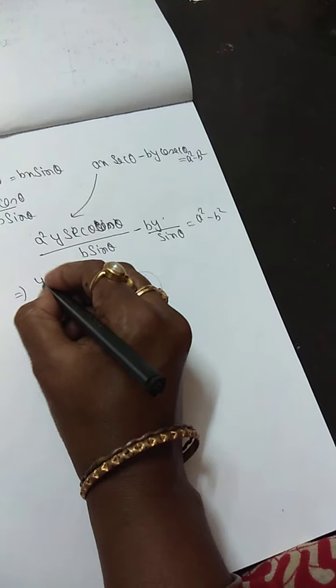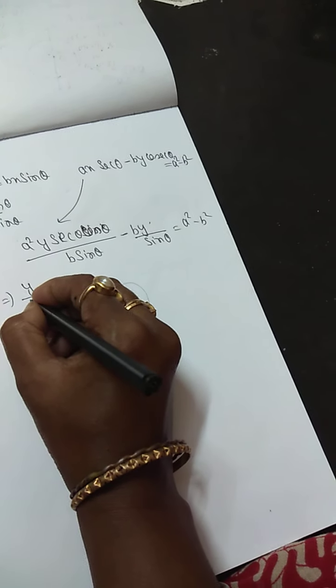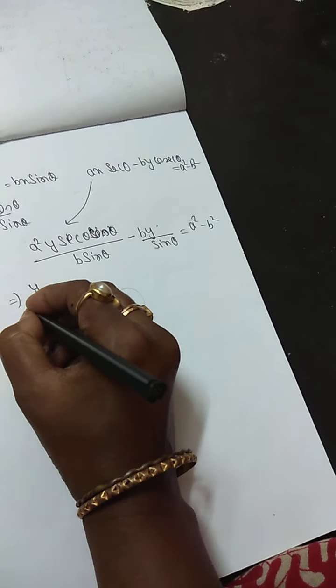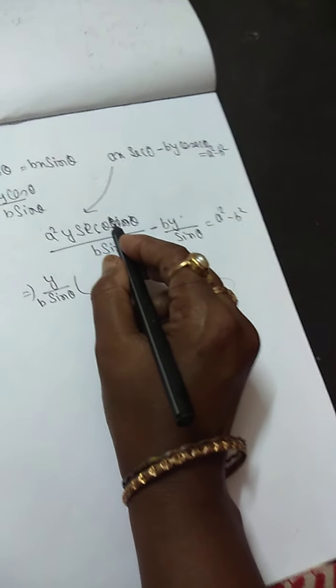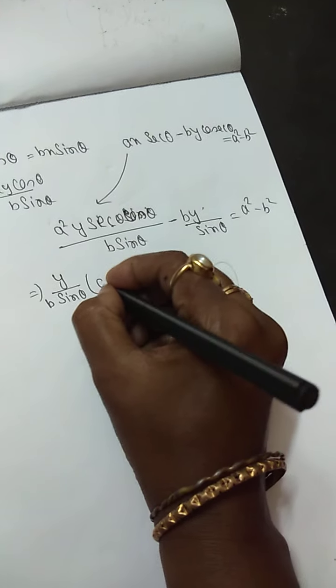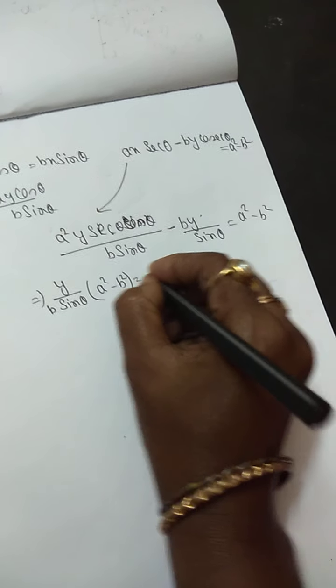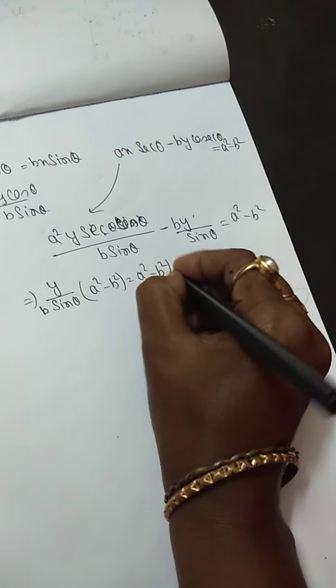So from here if we take common y by sin theta, b sin theta, and sec theta into cos theta is nothing but 1. So we will get a square minus b square is equal to a square minus b square.